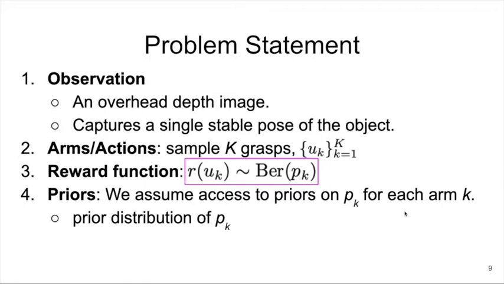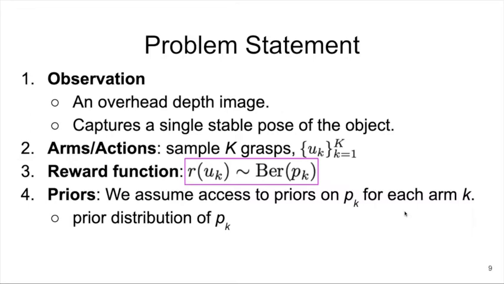The rewards for each arm are drawn from a Bernoulli distribution with unknown parameter p_k. Here, the reward of action u_k is equal to 1 if executing action u_k results in the object being successfully grasped. Otherwise, the reward is 0.